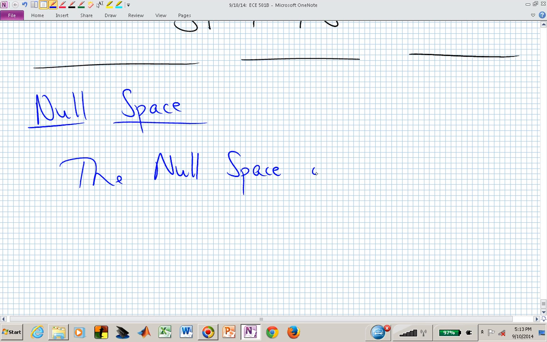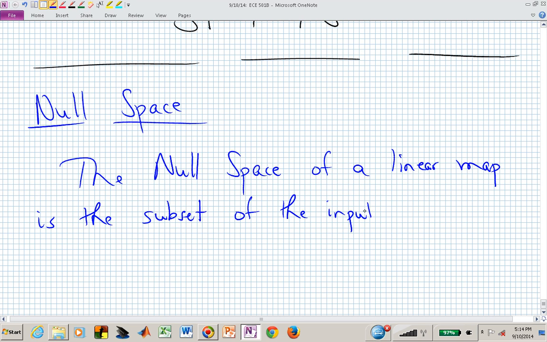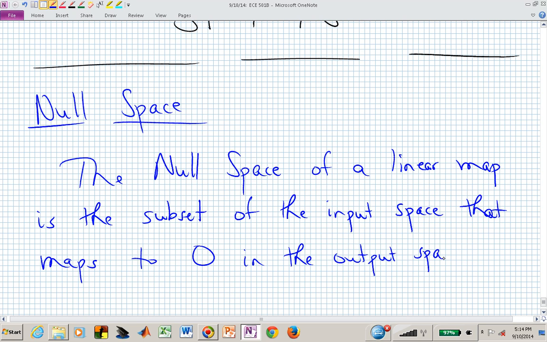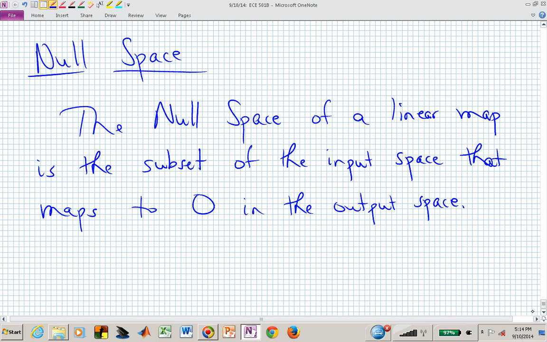The null space of a linear map is the subset of the input space that maps to the zero vector in the output space.